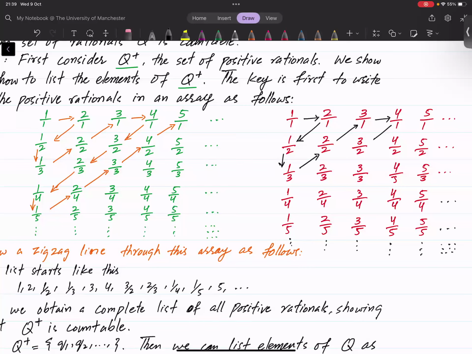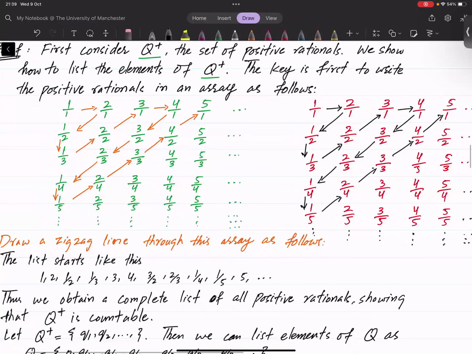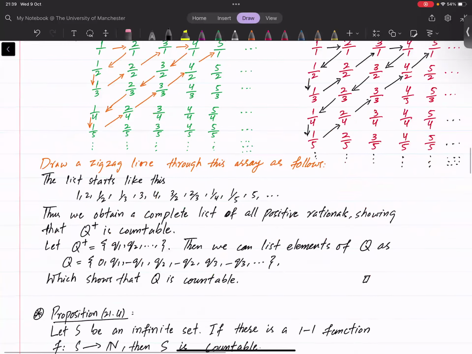Then come back to 3 over 2, then 2 over 3, and then 1 over 4. Let's go down to 1 over 5, and then go up to 2 over 4, 3 over 3, 4 over 2, and then 5 over 1. And this is how we can list the elements.